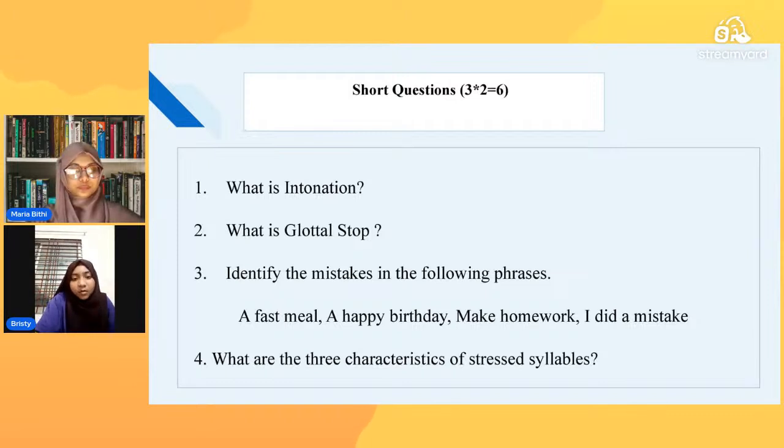Okay, miss. Number 1. Intonation is a pattern of changing pitch and stress in a word. Then number 2. A stopper is a type of consonant that is made by making a sharp and short pause.